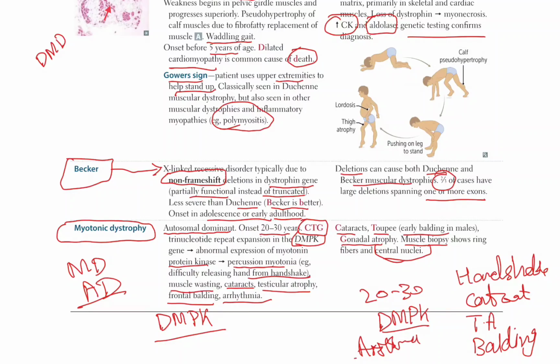These are classic signs of myotonic dystrophy, and it is also an autosomal dominant disease.